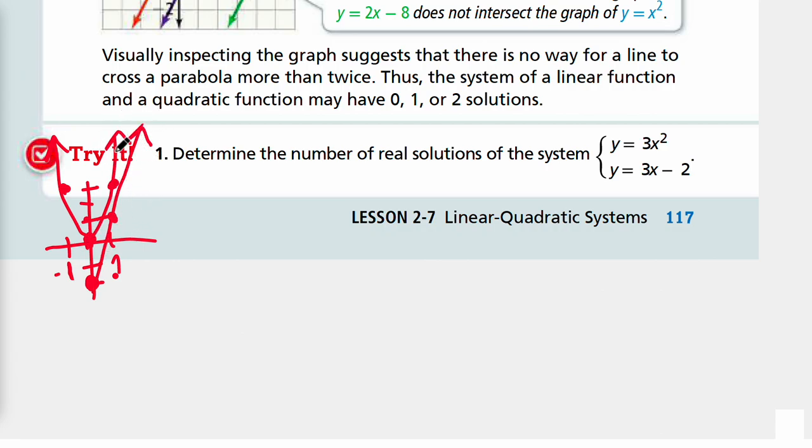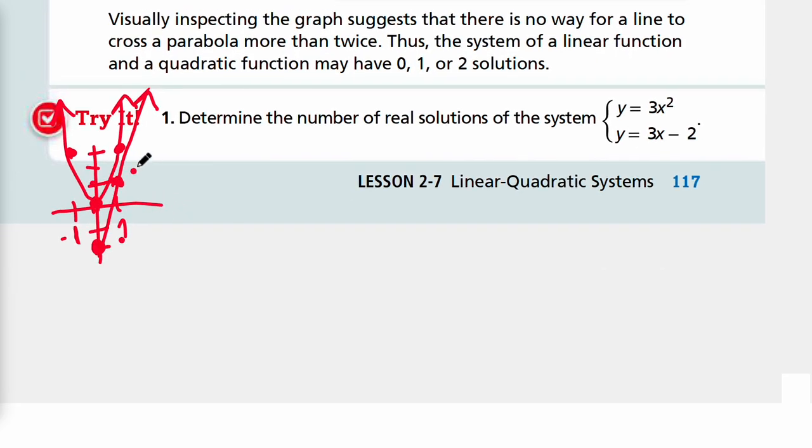Your quadratic looks steeper. So check when x is 1. When x is 1, your quadratic is 3, right? When x is 1, your linear graph is going to be 1. So this point is (1, 1) and this point is (1, 3).